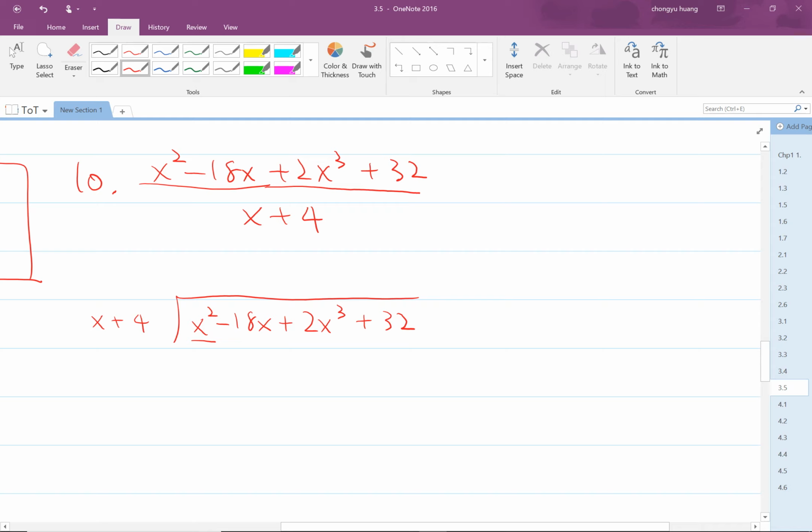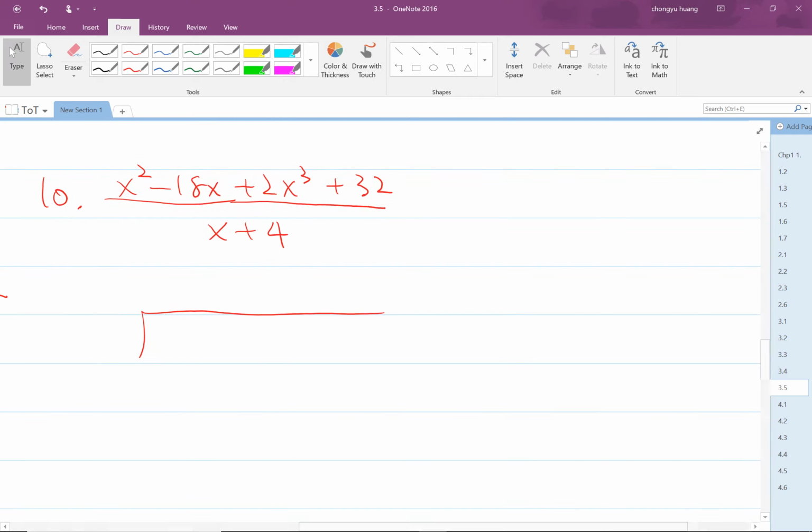Before we actually do it, at the beginning we have to arrange the numerator in order of power.